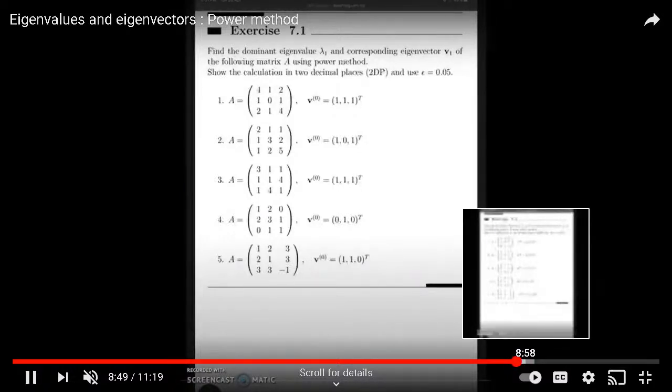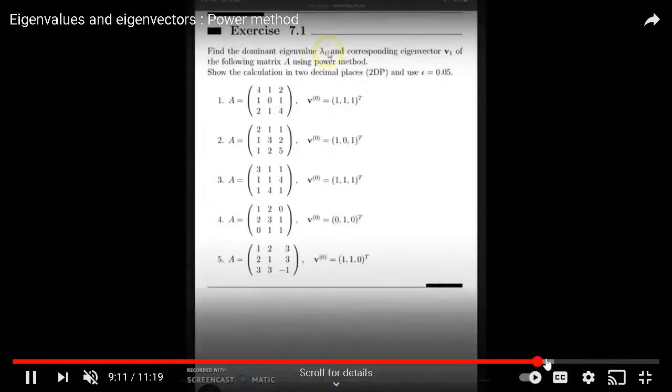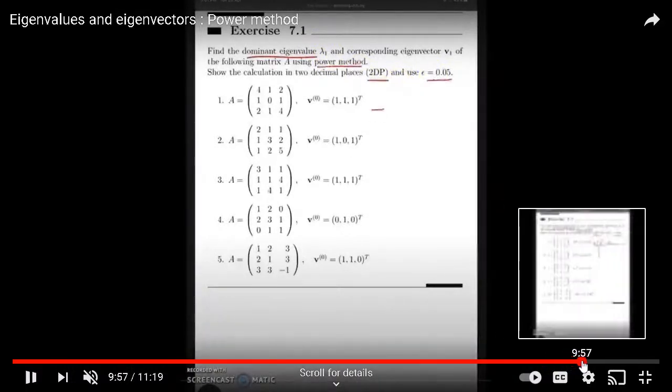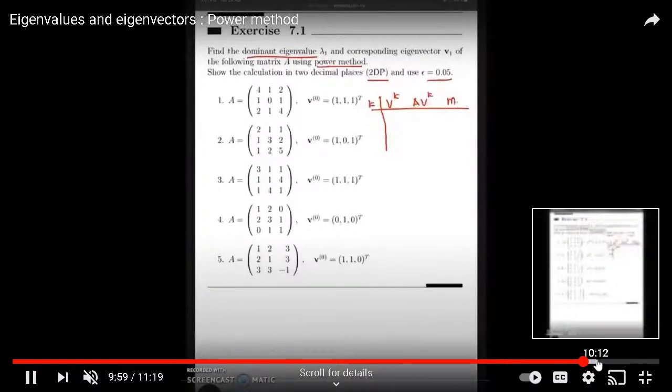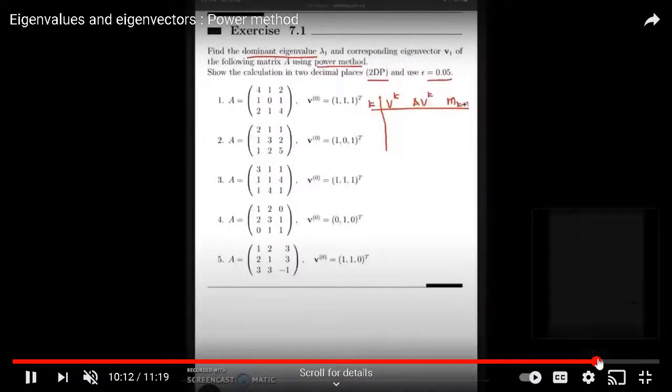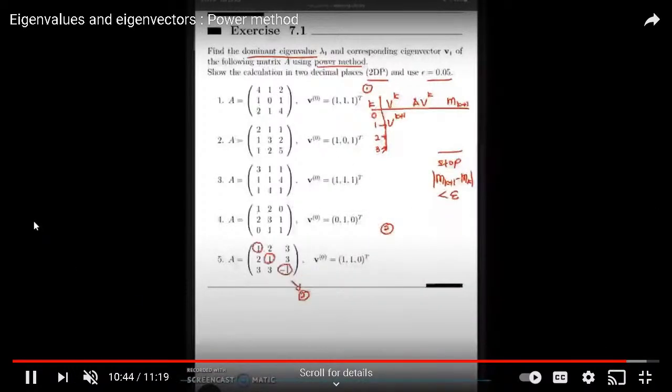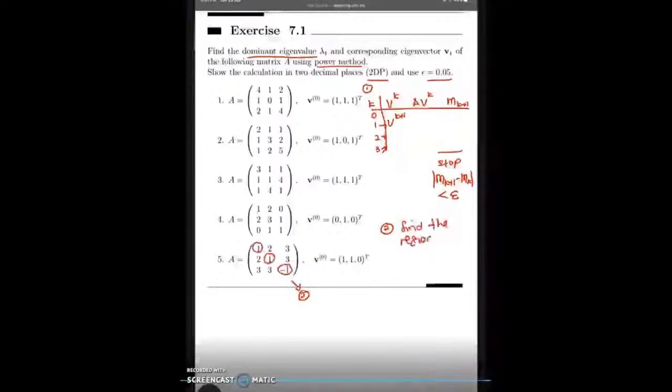I hope that you can go to exercise 7.1, because it is very easy to find the dominant eigenvalue and eigenvector using power method. So again, how to do that? Develop the table.